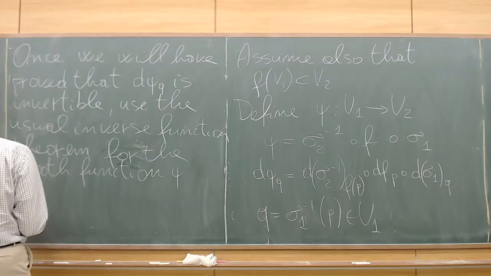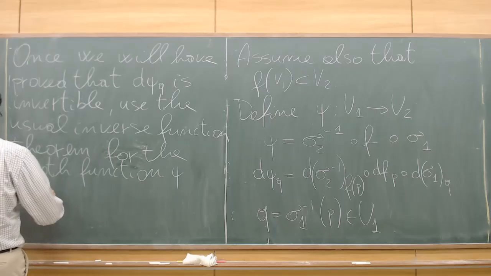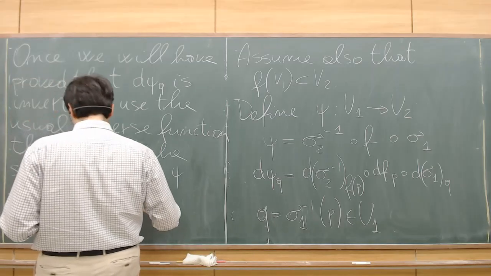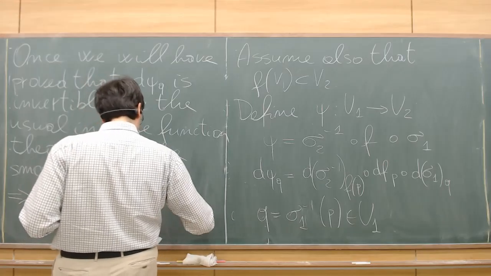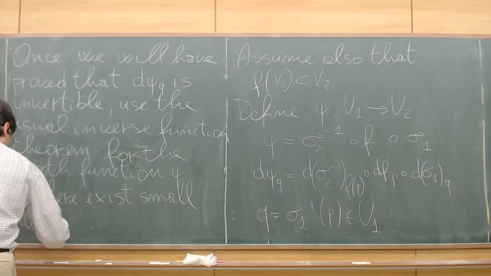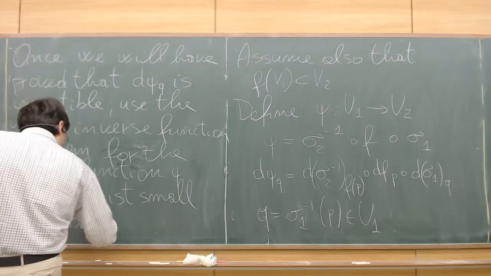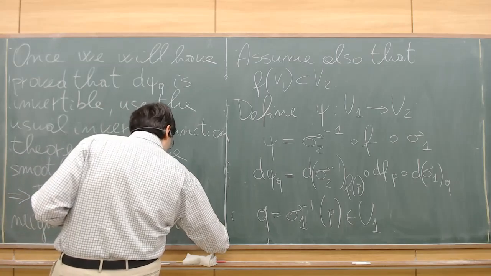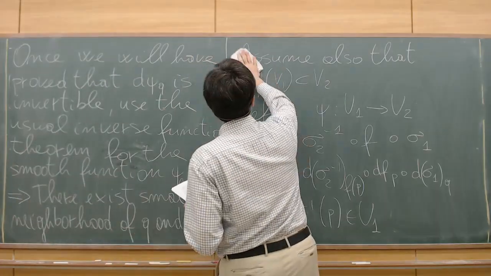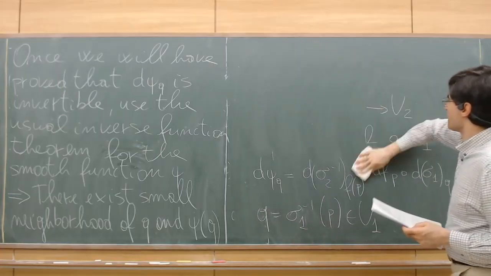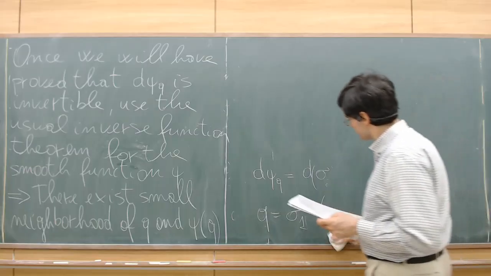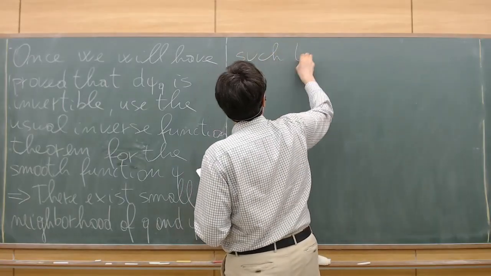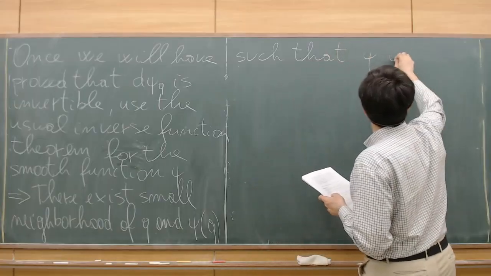So this says that there exists a small neighborhood of q such that psi is a diffeomorphism.